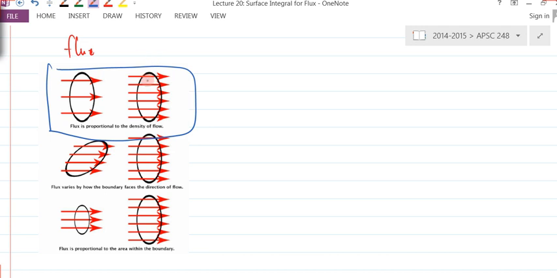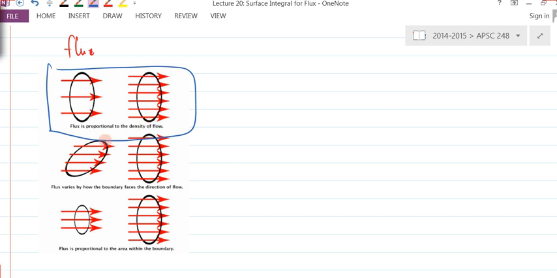If you look at the space between the lines, if it's more dense, then you have a stronger field than the one with more space. So given the same surface, there's much more flux for this one here.